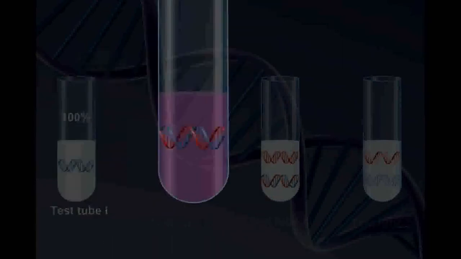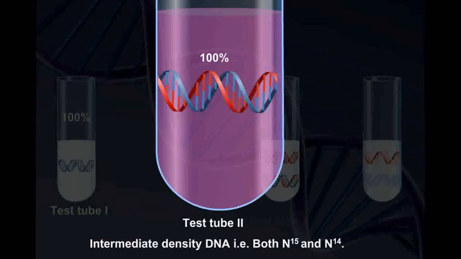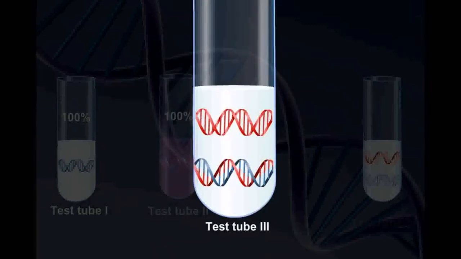Test tube 2 contains first generation DNA with 100% intermediate density DNA, that is both N15 and N14, grown in N14 medium. Test tube 3, having second generation in N14 medium, contains equal amount of intermediate density DNA and DNA with light isotope, that is N14.